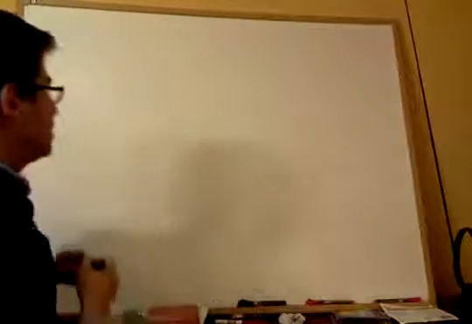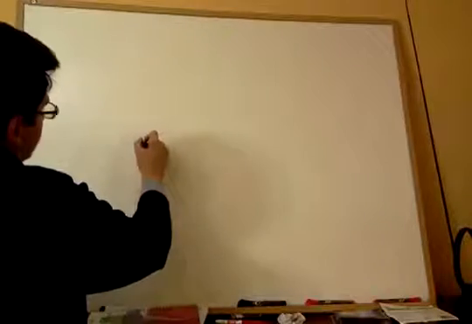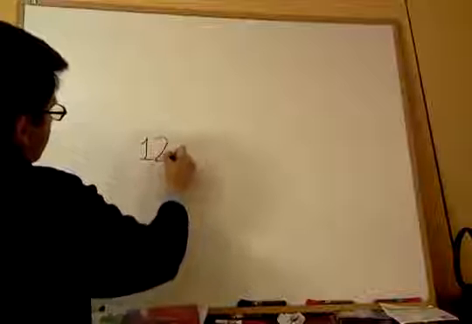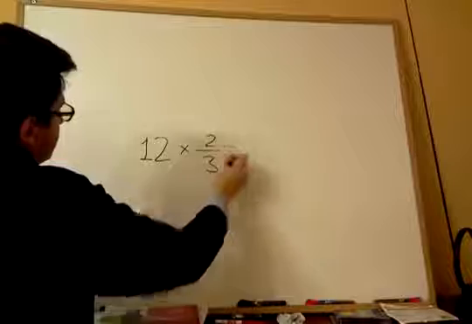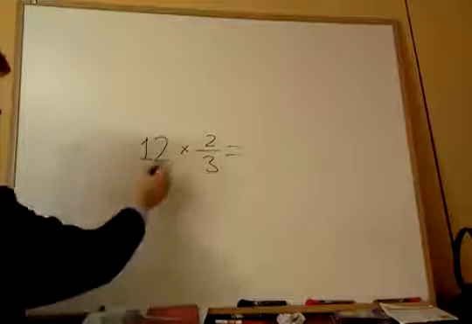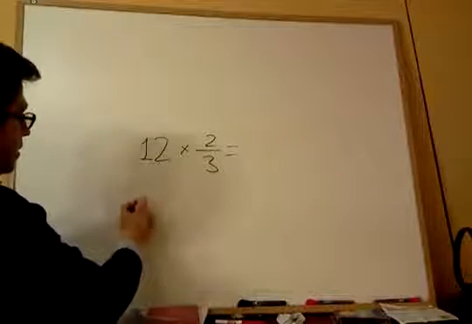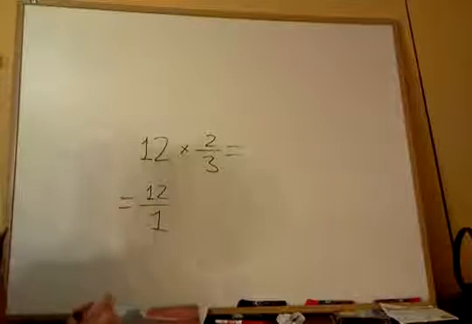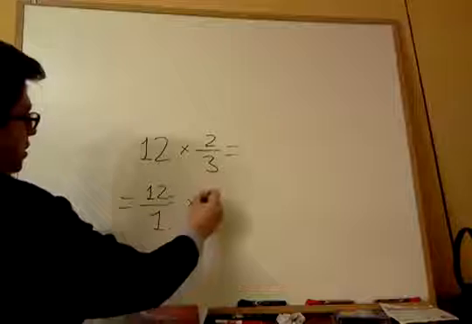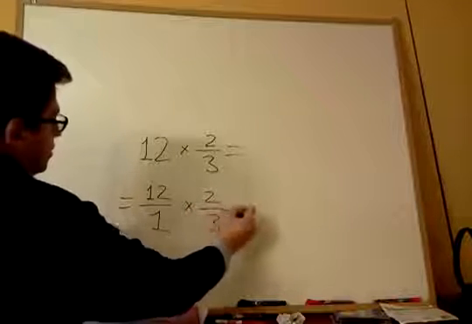Let's take a look at another example. How much is 12 times 2/3? Also, instead of 12, I write 12 out of 1 times 2/3.